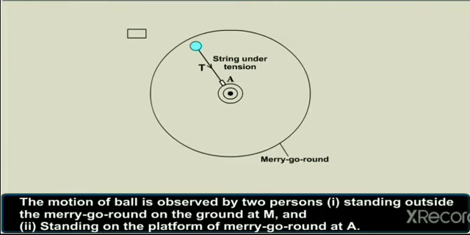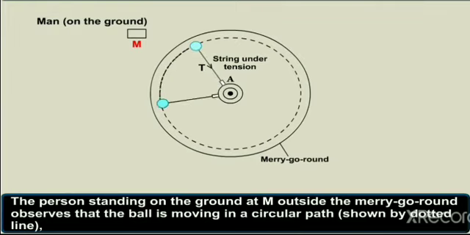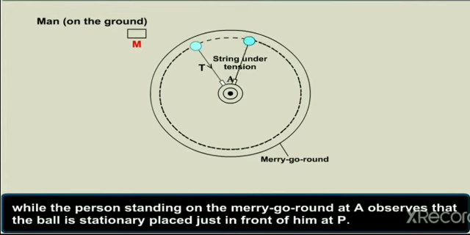First, standing outside the merry-go-round on the ground at M, and second, standing on the platform of merry-go-round at A. The person standing on the ground at M observes that the ball is moving in a circular path shown by dotted line, while the person standing on the merry-go-round at A observes that the ball is stationary, placed just in front of him at P.